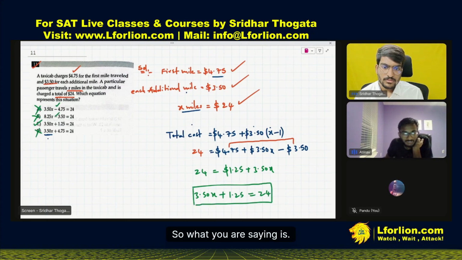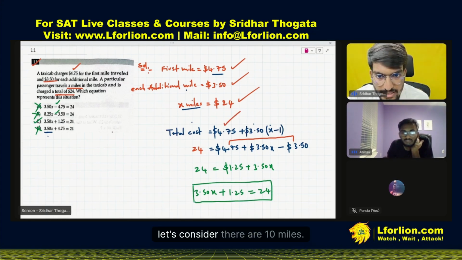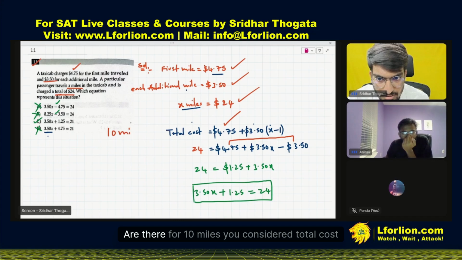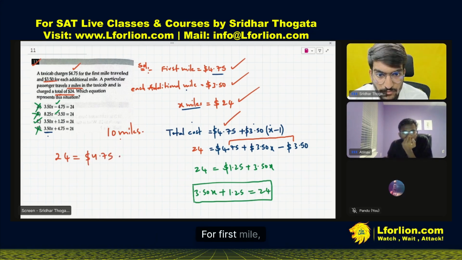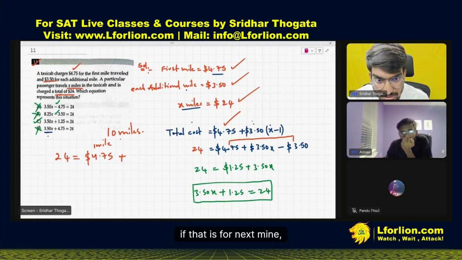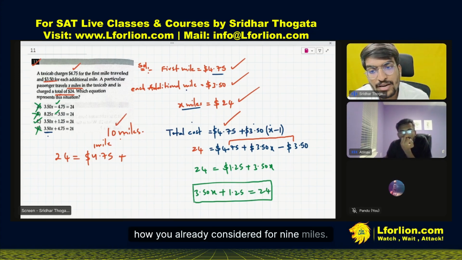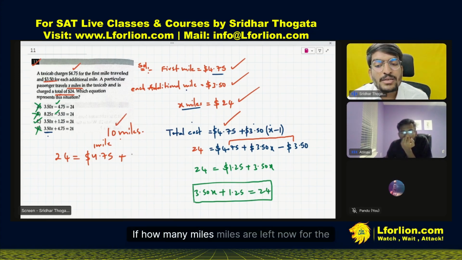Let's consider there are 10 miles. For 10 miles, the total cost is 24. For the first mile, it is $4.75. For the additional miles, you already considered 1, so how many miles are left?